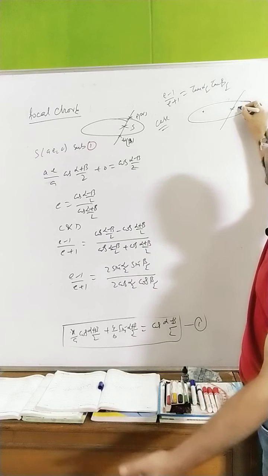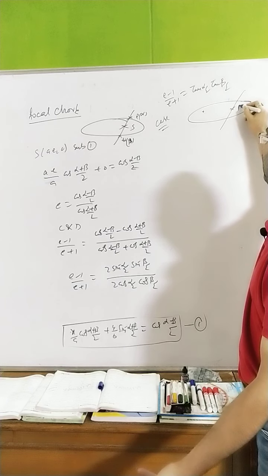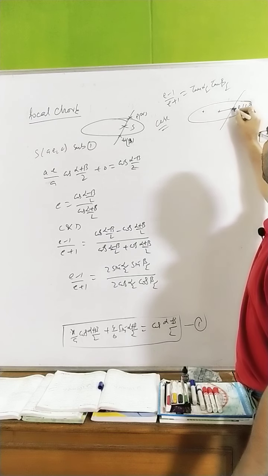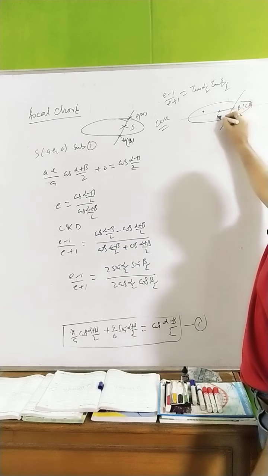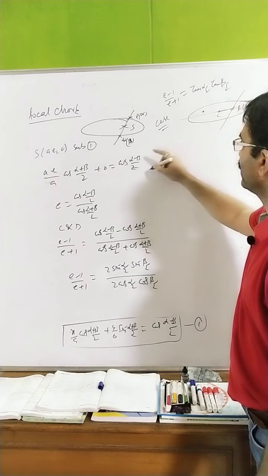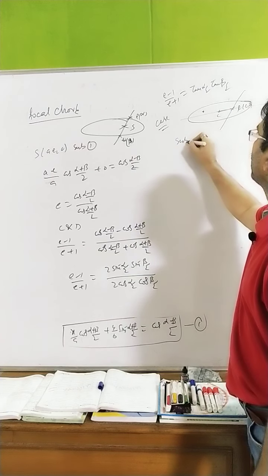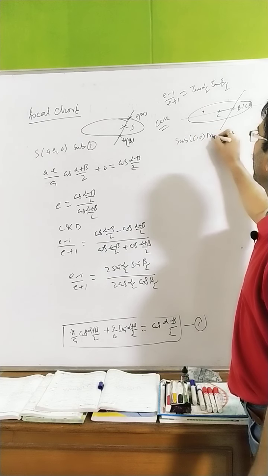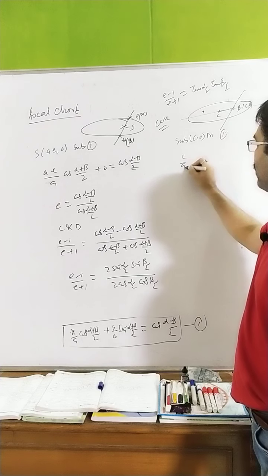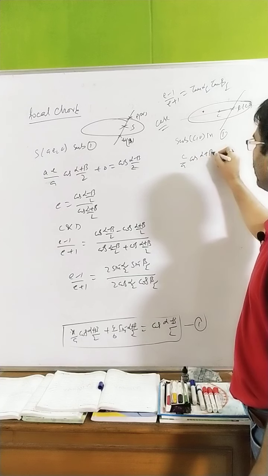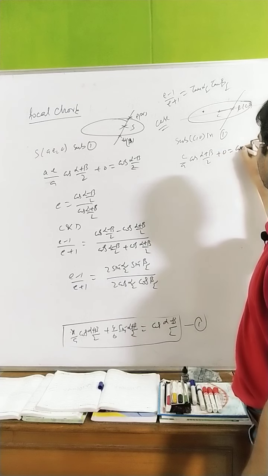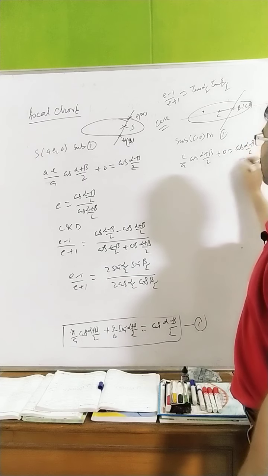Once again, (e minus 1)/(e plus 1) is tan(alpha/2) tan(beta/2). Case 1: assume the ellipse chord is passing through some point R, say (c, 0), which lies on the axis from the center. Substituting (c, 0) in chord equation 1, we get (c/a) cos((alpha plus beta)/2) plus 0 is equal to cos((alpha minus beta)/2).